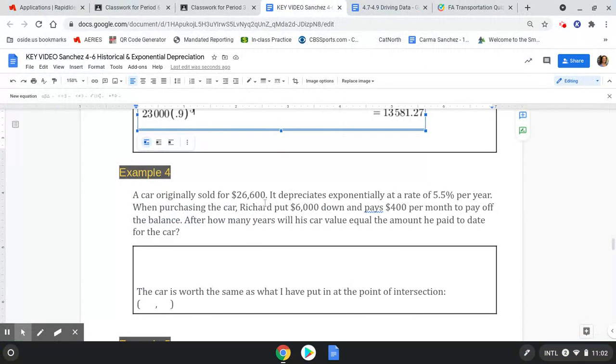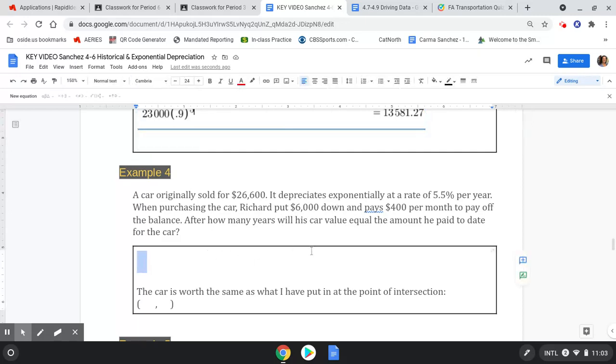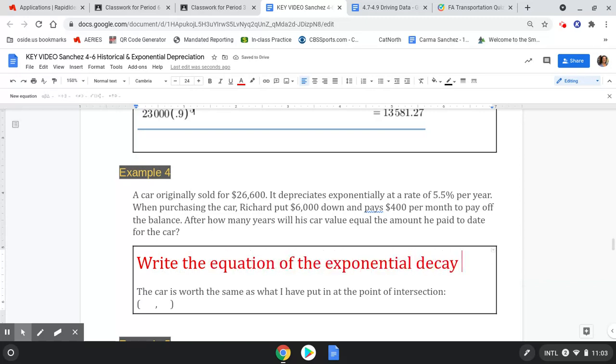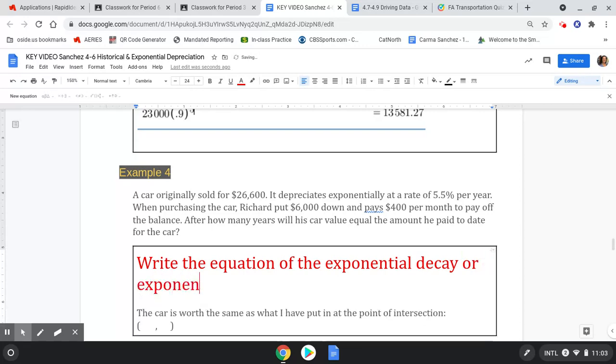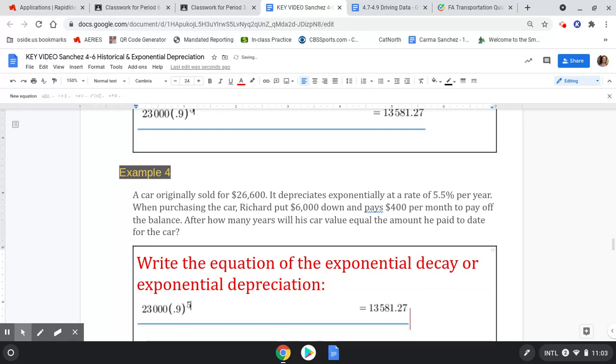A car originally sold for $26,600 and it depreciates exponentially at a rate of 5.5 per year. When purchasing the car, this is how much he put down. So first, let's write the equation of the exponential decay or exponential depreciation model. So we're going to, again, use this function.